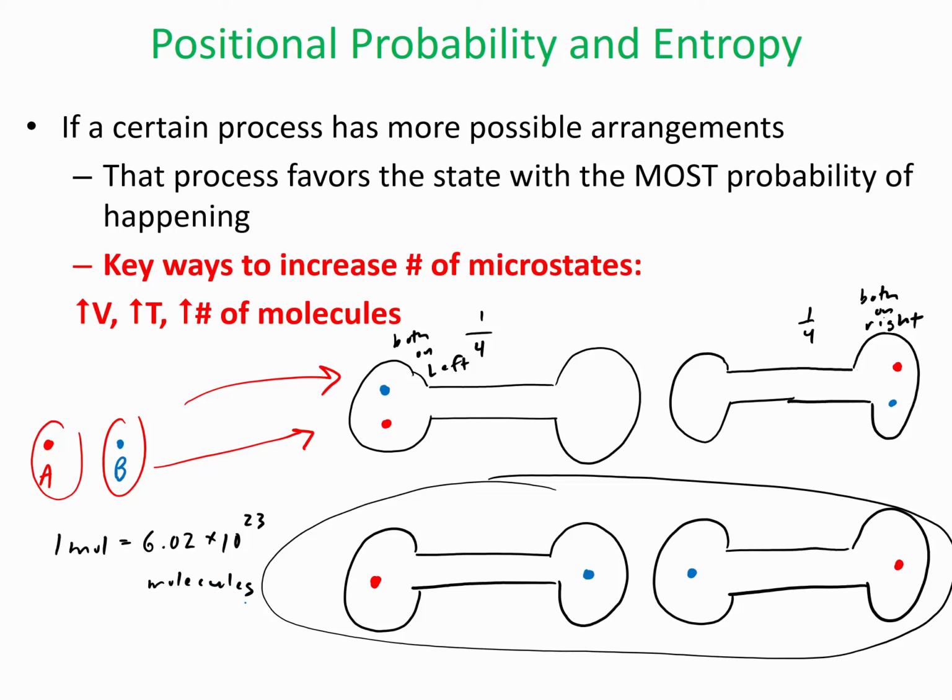What is the possibility that the whole mole is on one side of this container? That probability is so small that it's essentially never observed.